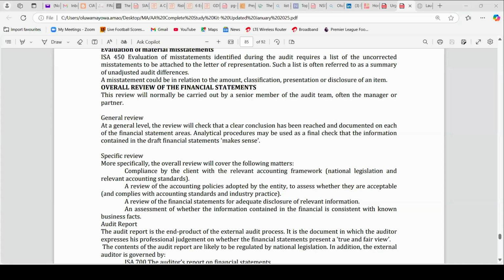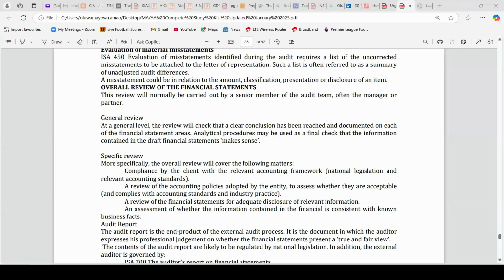Now, the two major ways whereby you can have misstatement in a financial statement is either through errors or fraud. I don't know whether in this class the other lecturer has taken you guys on fraud and error. I believe he has. Misstatement can occur in financial statement either due to fraud or error.